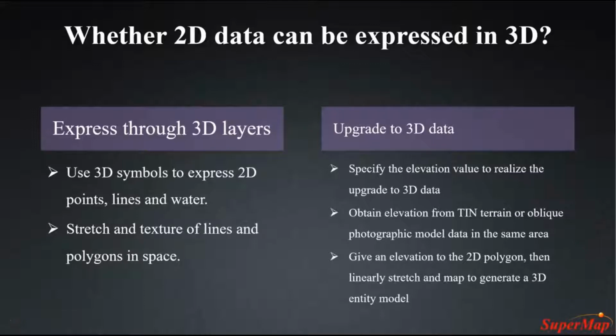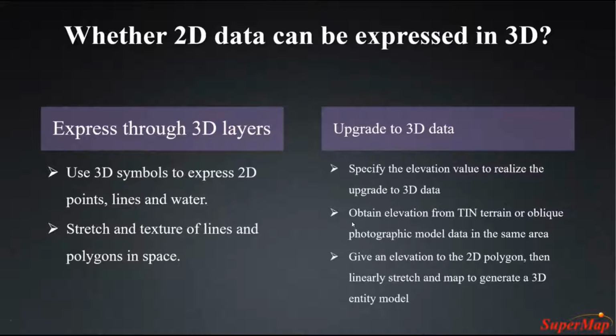After we convert the 2D data into real 3D data, it is added to the scene for expression. We convert the elevation attribute of the 2D points, lines, and polygons into Z coordinates, and the 2D data can be upgraded to 3D data.